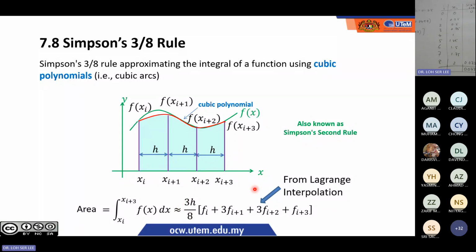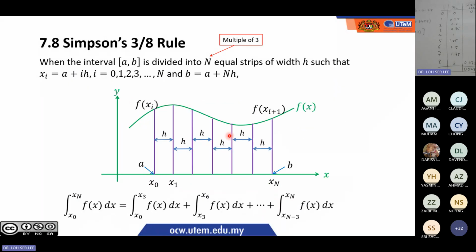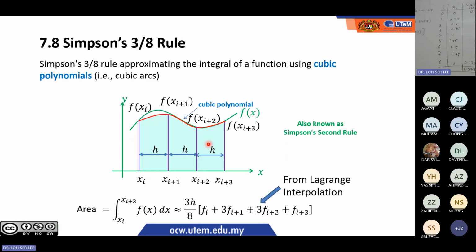Okay, so this is the area for 3 subintervals, and this must be 3 subintervals work together. So if we break the subintervals into more, the total number of subintervals must be in multiple of 3, because 3 works as a group.